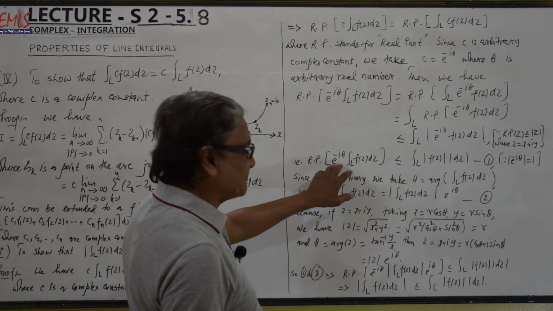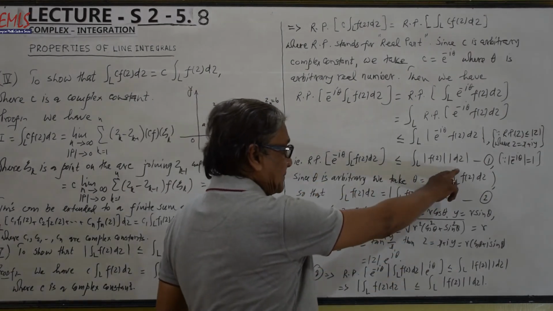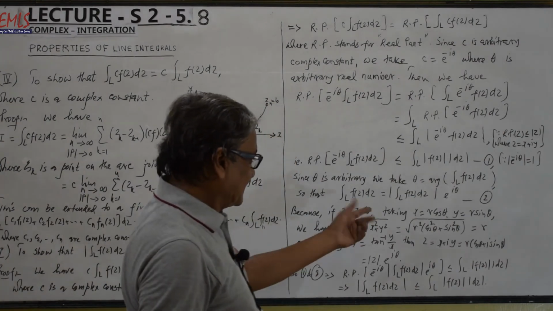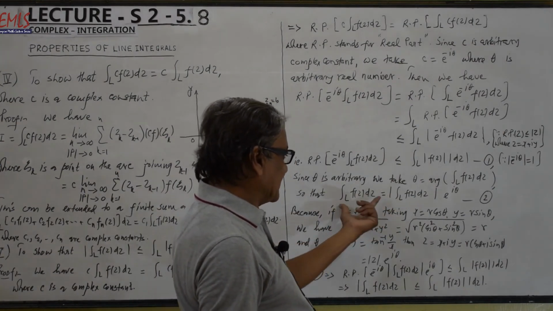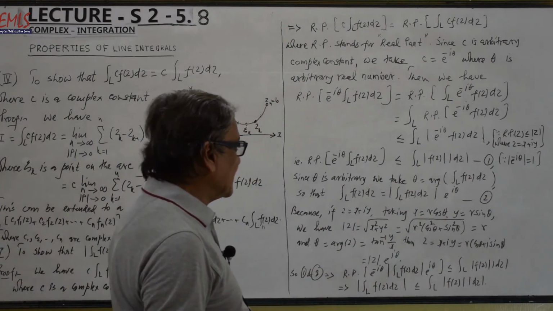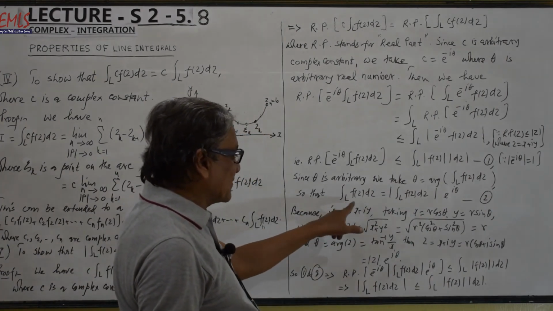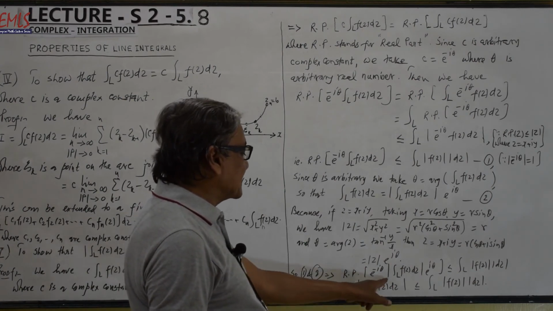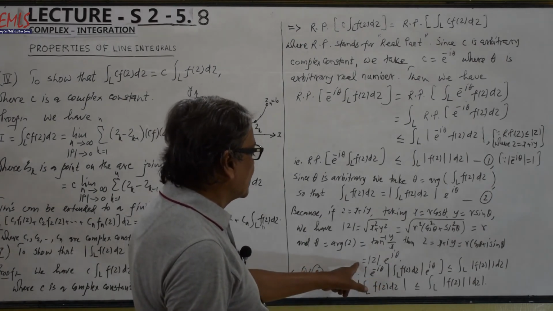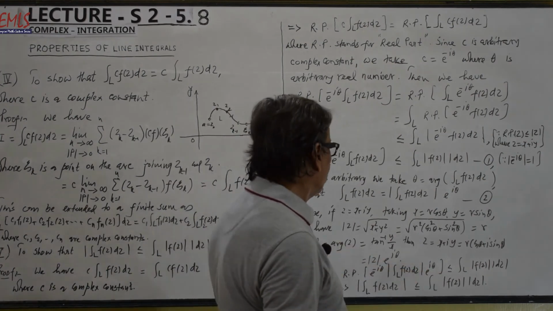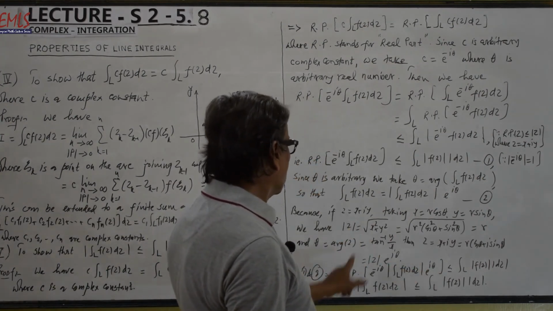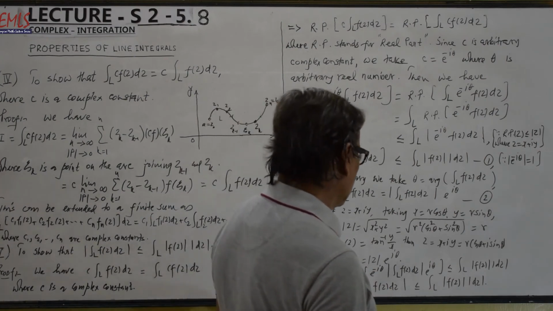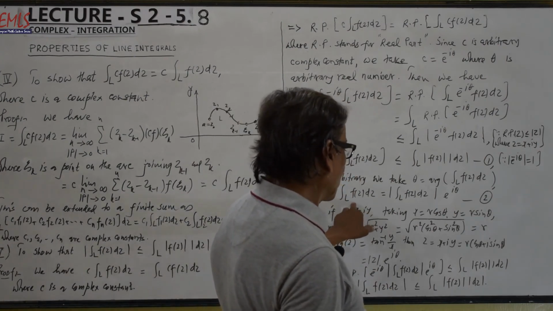This comes from here: in 1, this is less than this, and from 2, this is equal to this. So we have simply substituted the value of integral over L f(z) dz from 2.